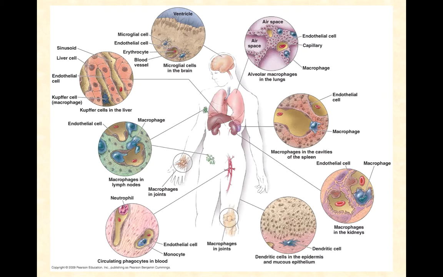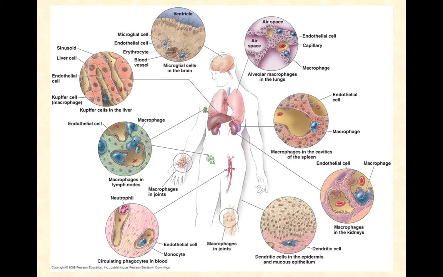We have fixed macrophages in the brain that get a special name called microglial cells. We have alveolar macrophages in the lungs that surround the alveoli of the lungs and make sure that nothing gets across that barrier. By the way, those are the target of some pathogens like Mycobacterium tuberculosis, which actually goes after those alveolar macrophages. We have macrophages in the cavities of the spleen, which is another lymphoid organ.